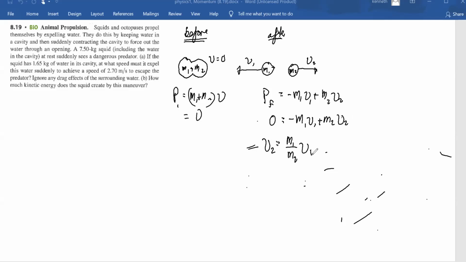V1 is the velocity that the squid wants to achieve. So what are these numbers?